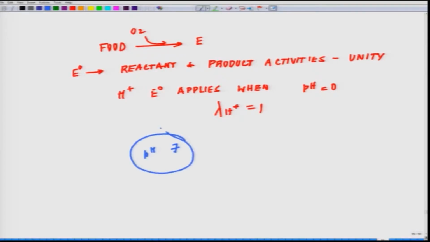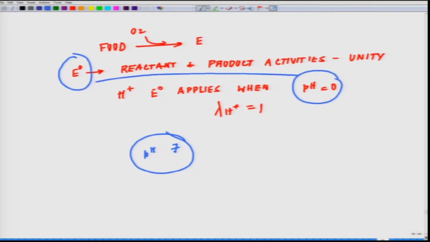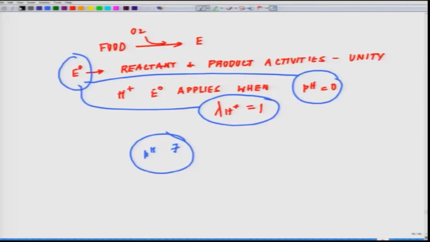So, now our basic premise of using E0 was at pH 0, which is perfectly fine and where everything was unity, but we cannot directly transfer it to the biological systems because we are dealing with a pH 7 situation. Okay. So, that is where we will be now proceeding further.